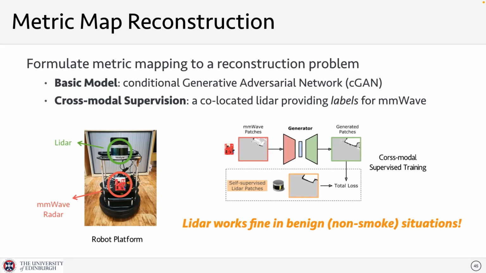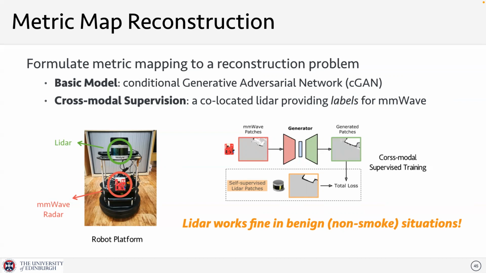So it's not surprising to use their methods to solve our problem. Meanwhile, to cope with the labeling shortage issues, we adopt a cross-modal supervised learning method here. The network inputs are still radar point clouds.